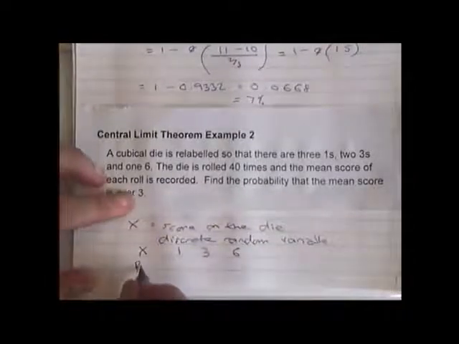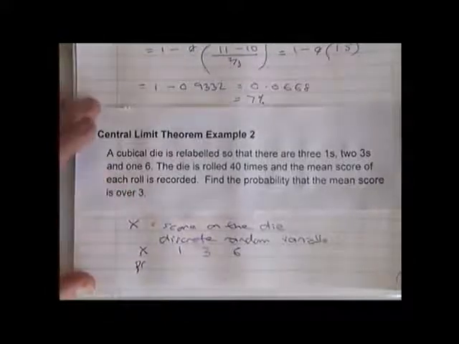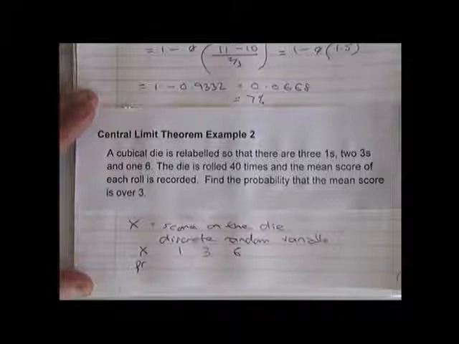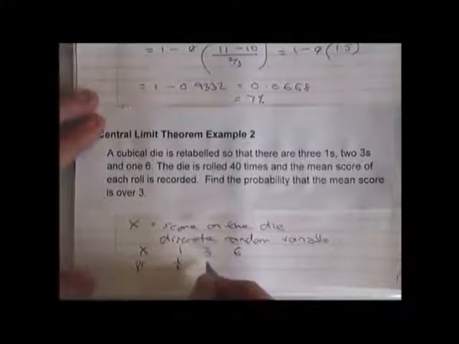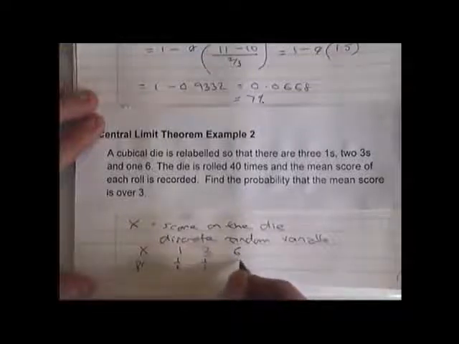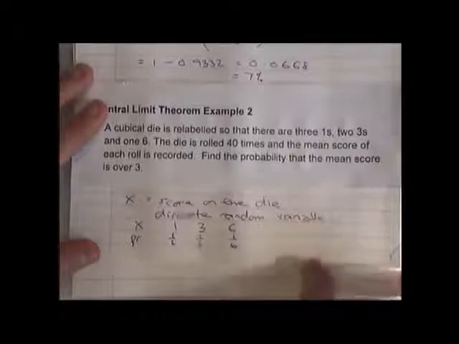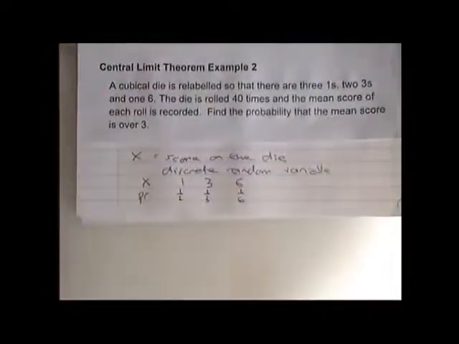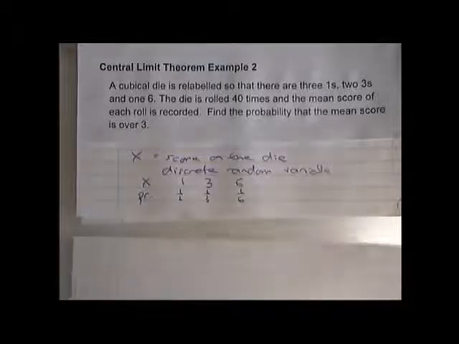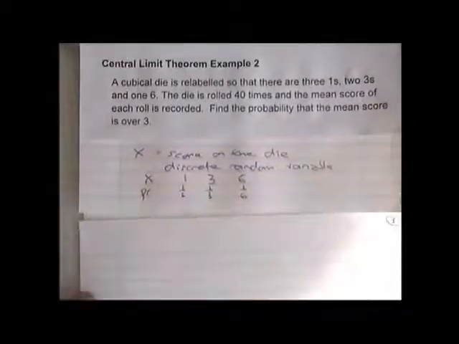What are the probabilities to go with those values? Half, because it's 3 out of 6, and that one is 2 out of 6, and that one is 1 out of 6. We said when we did discrete random variables quite a while ago that that is its distribution, all its values with the probability that it takes each value.